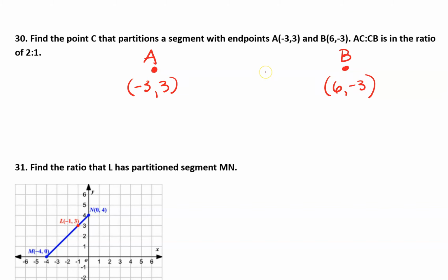But from A to C to B is the ratio 2 to 1. 2 parts to 1 part. And we need to know what this is.